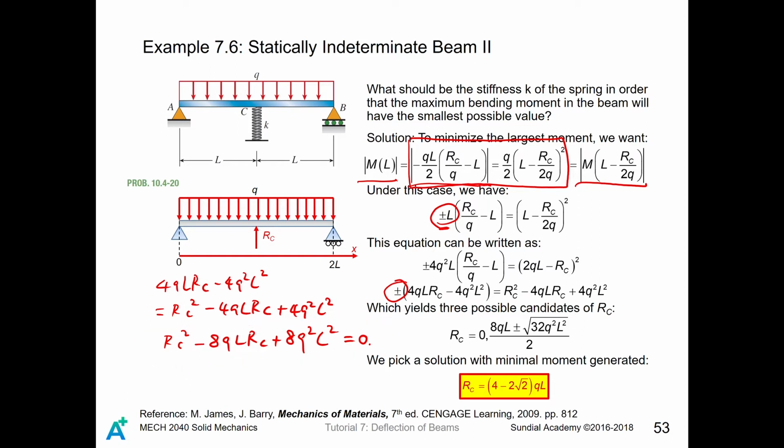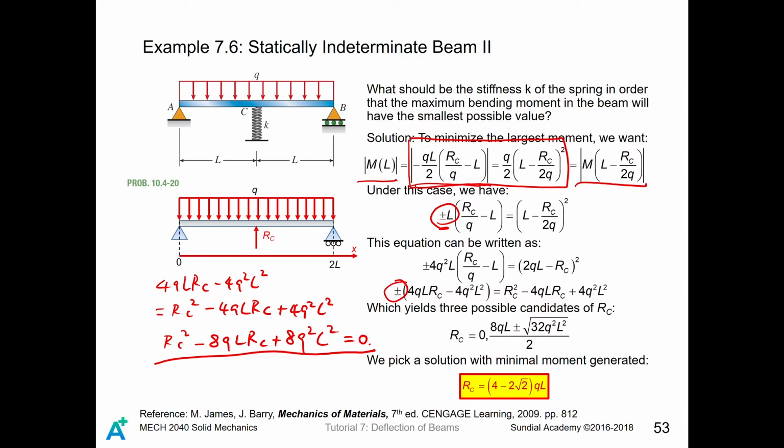Now we are going to solve for RC such that the moment generated will be the minimum. So this quadratic equation will generate two solutions, which are here.